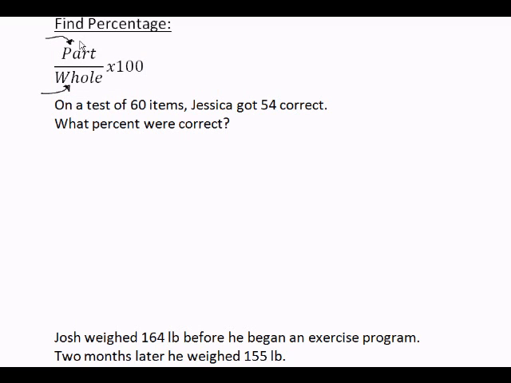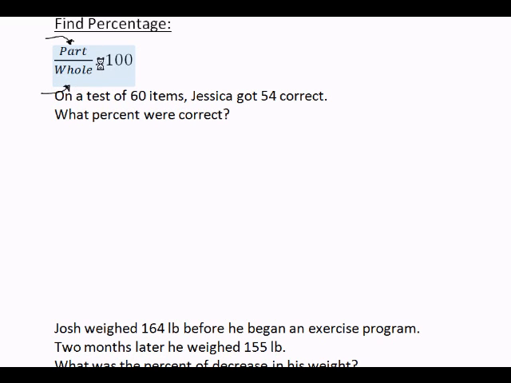So the top is always the part, the partial amount, and the bottom is the whole or the initial amount. And then we multiply it by 100. So we're going to have a fraction, and then we're going to multiply it times 100.